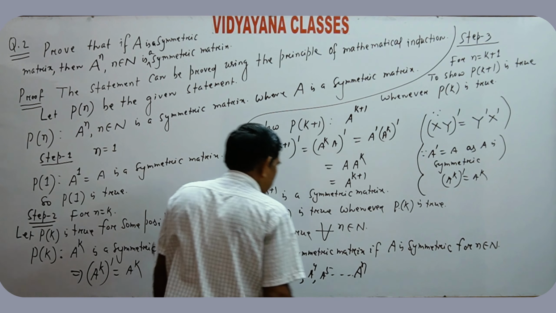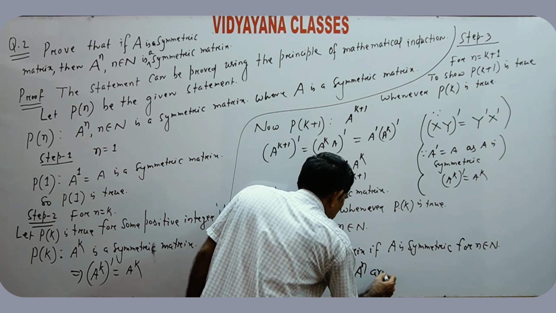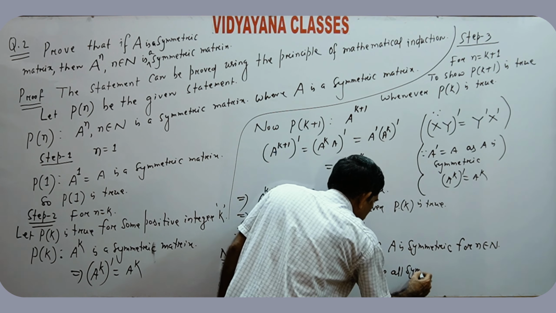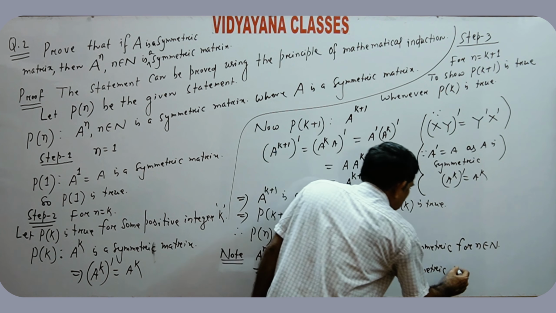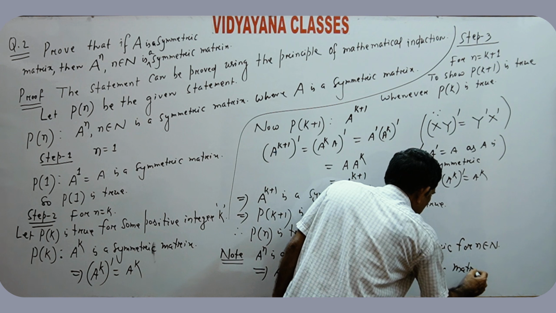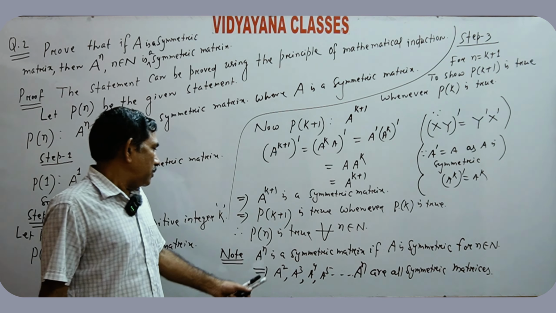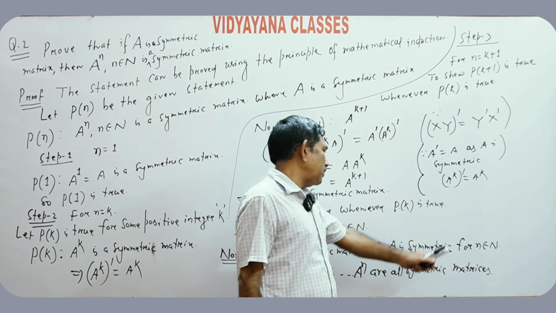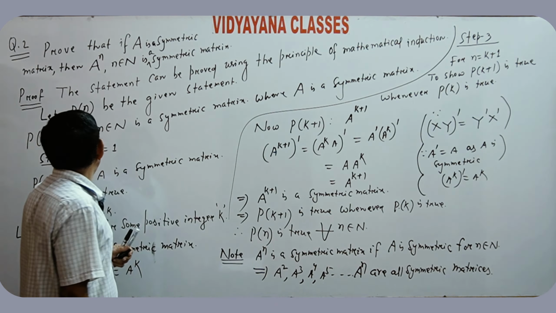A to the n are all symmetric matrices. A to the n is a symmetric matrix if A is a symmetric matrix, which is proved in question number 2.